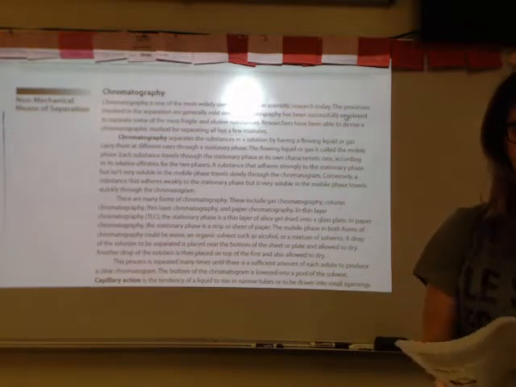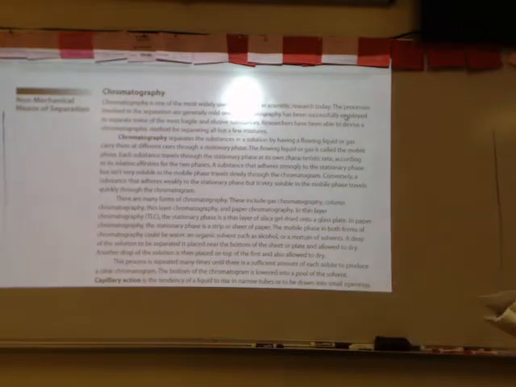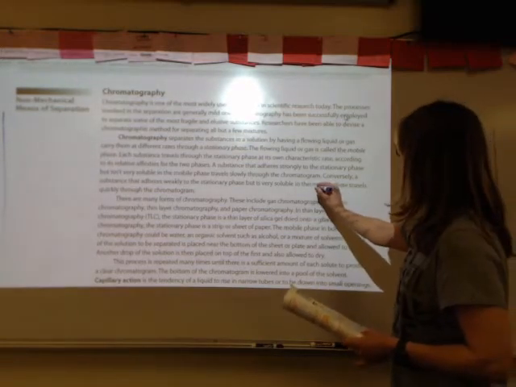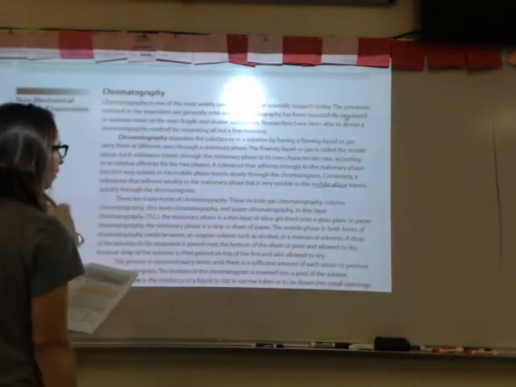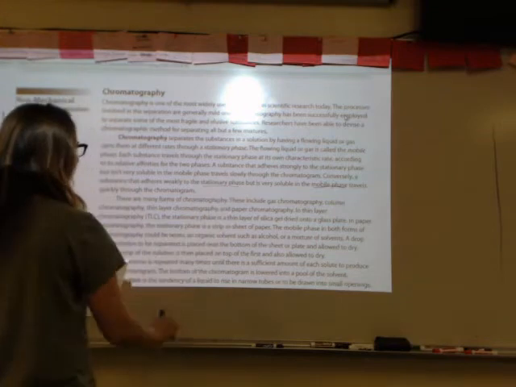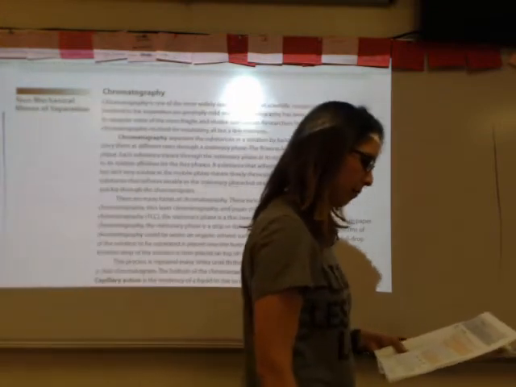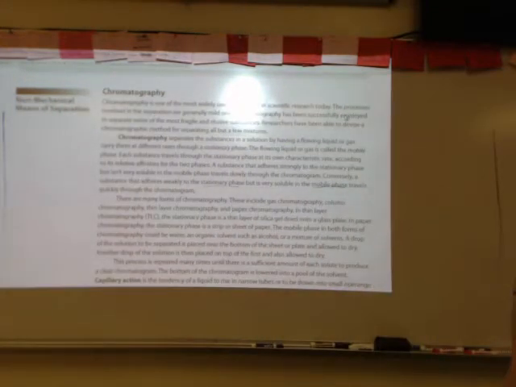And they travel based upon polarity, and are they more attracted to the paper or the solvent that is traveling up the paper. And so the mobile phase is the phase that is traveling up the paper. The stationary phase is the part that is not moving.